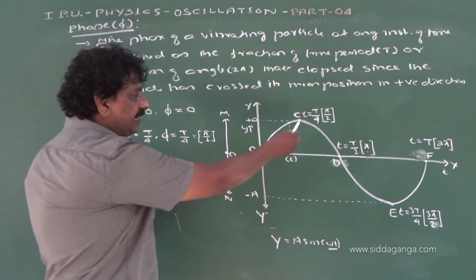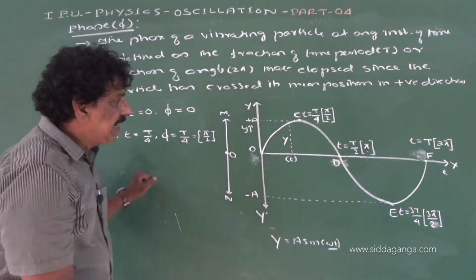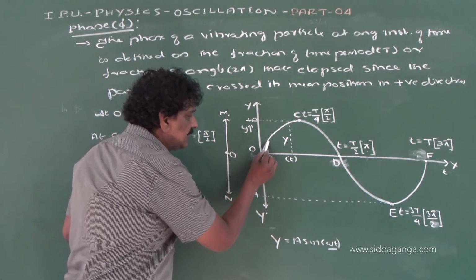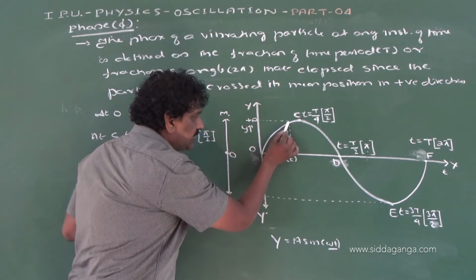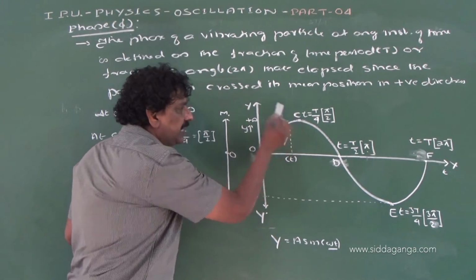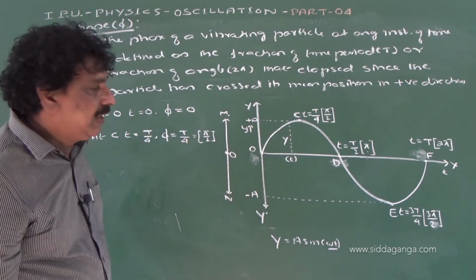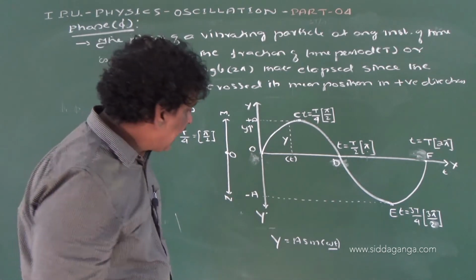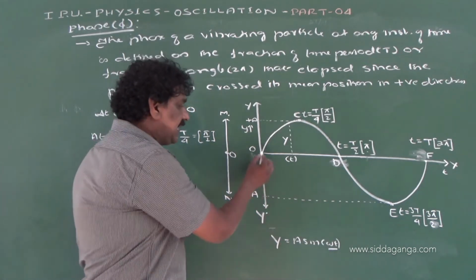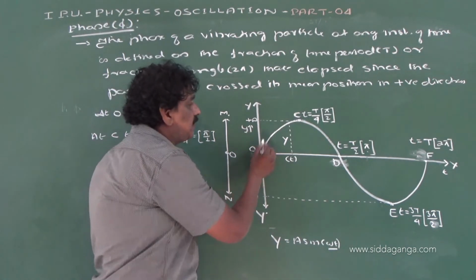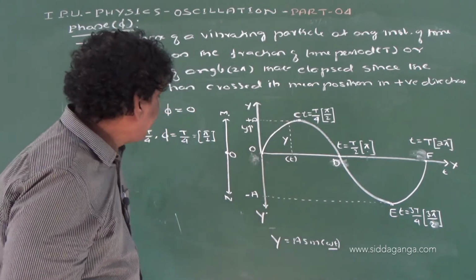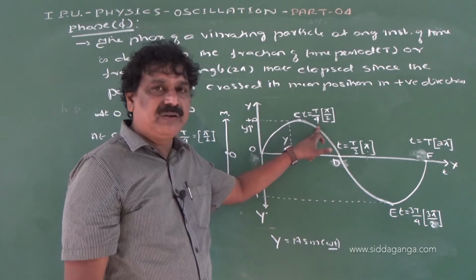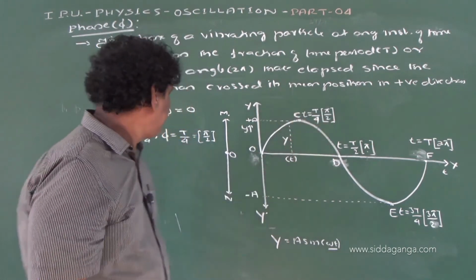What is that T by 4? It is the fraction of time period that has elapsed since the particle crossed its mean position in positive direction. So the phase at C is the fraction of time period taken by the particle since it last crossed its mean position in positive direction. We say the phase at C is T by 4 or pi by 2.